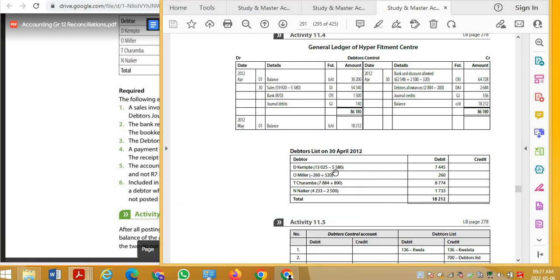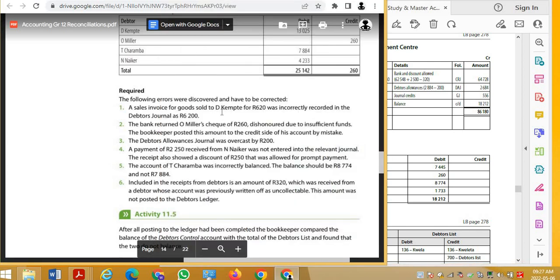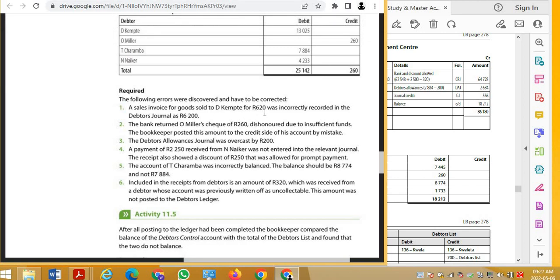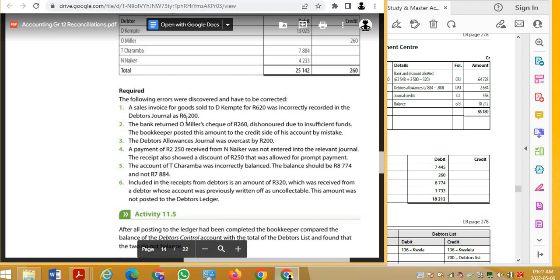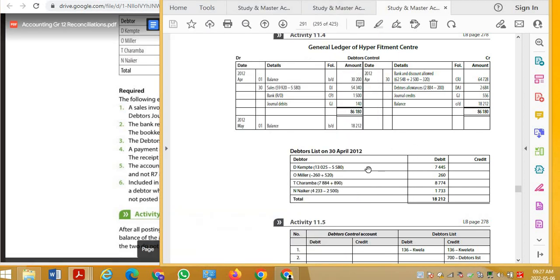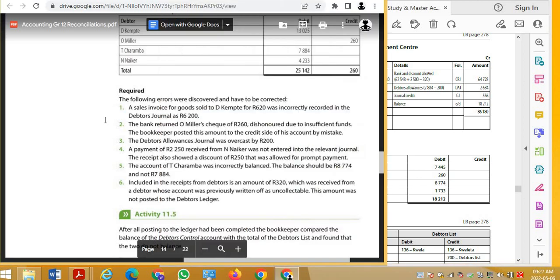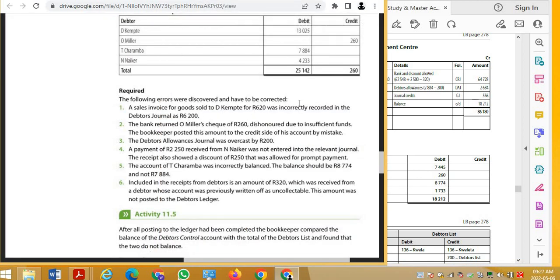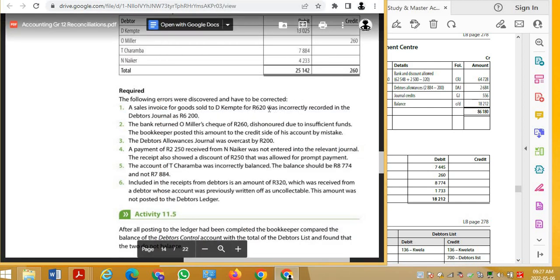Kempter, there it is. The difference is 5,580. As you can see, when we sold the goods, we thought it was 620, but it was incorrectly recorded as 6,200. So we need to decrease. He doesn't actually owe us 6,200, right? He owes us the difference between the two. He only owes us 620 Rand.